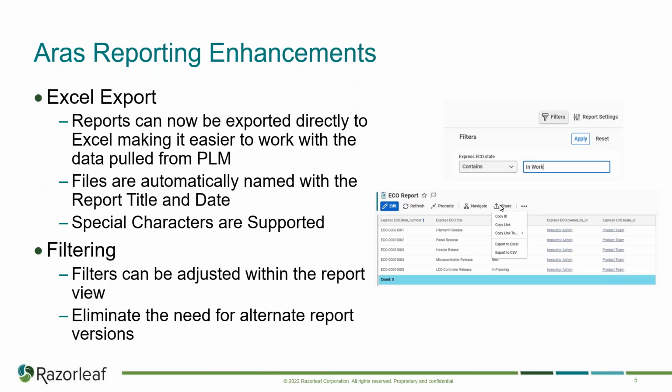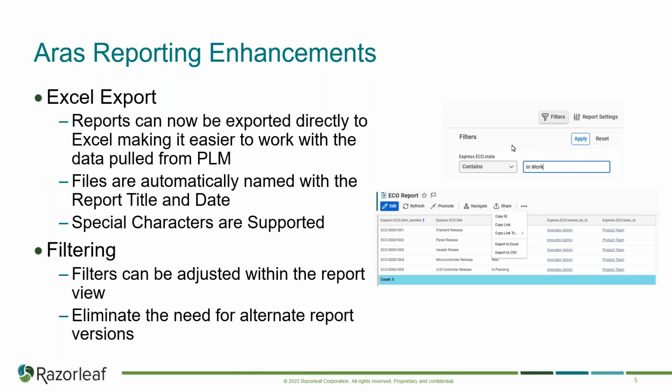Alongside that is filtering. Within the report view, while it used to just be report settings, there's now this filtering option. Within your report configuration, we can specify categories that we might want to filter off of. In this case, for an ECO report, we might want to filter on the status.